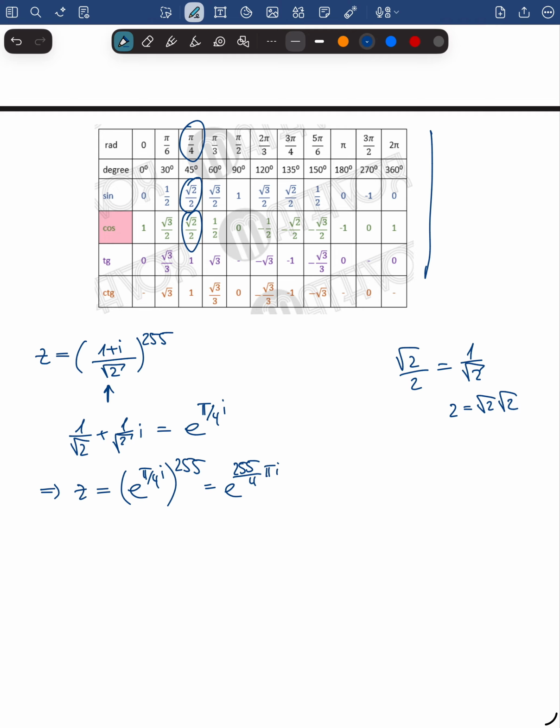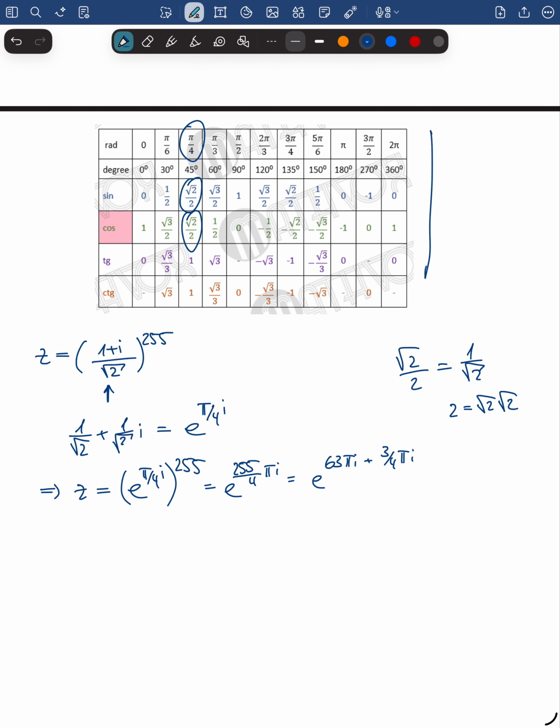pi i. Okay, this should be nothing too special, and then we can rewrite it in a little bit different way. What we can write is e to the 63 pi i, plus what's really left over, so we can write it as follows.